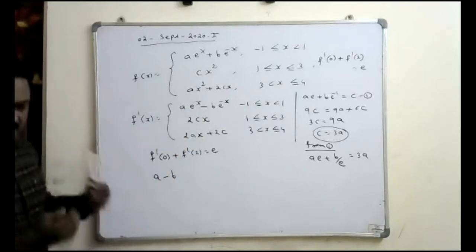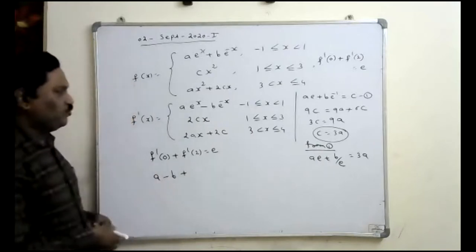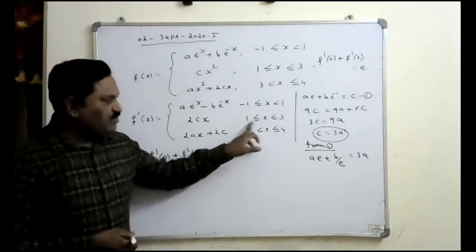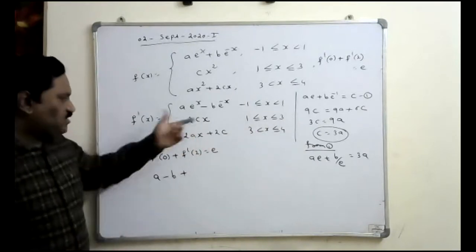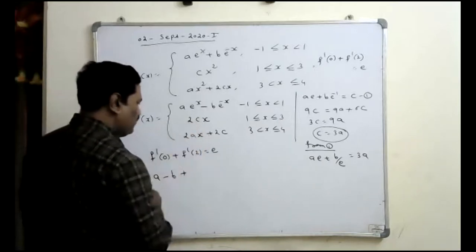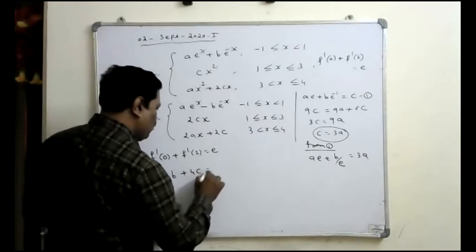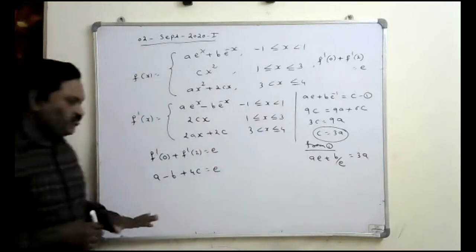That is a minus b. Then f'(2): 2 is going to lie between 1 and 3. This is the function we have to take. Take x equal to 2, so 2 into 2, that is 4c, is equal to e. So this is another relation we got.